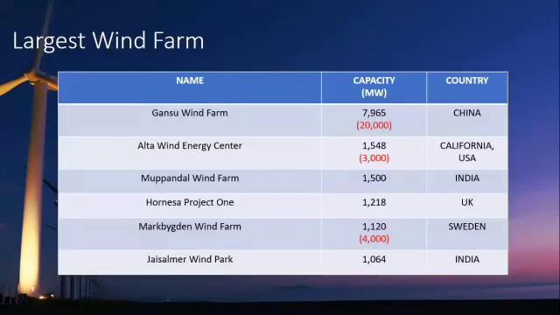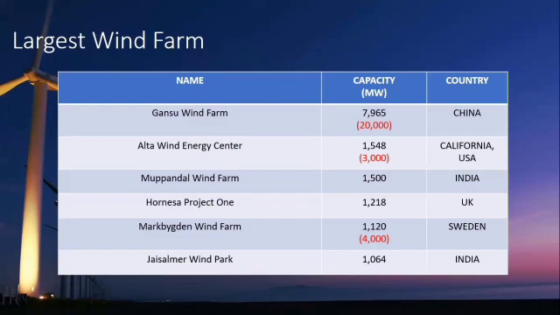Next. The largest wind farms. The Gansu Wind Farm has 7,965 megawatts in China. The Alta Wind Energy Center in California, USA, has 1,548 megawatts. The Muppandal Wind Farm in India has 1,500 megawatts.